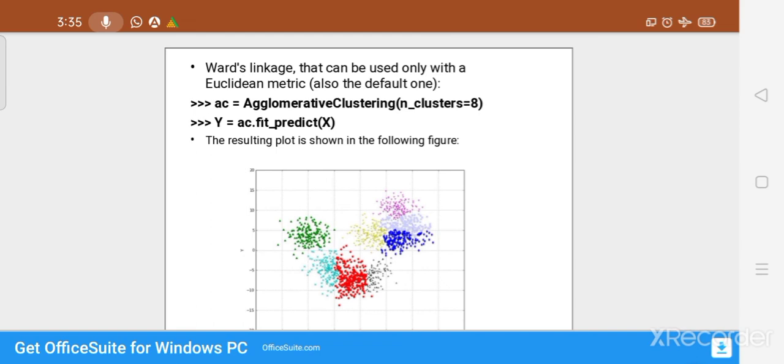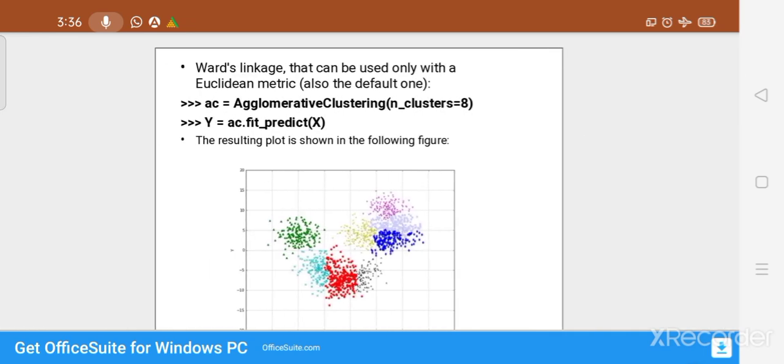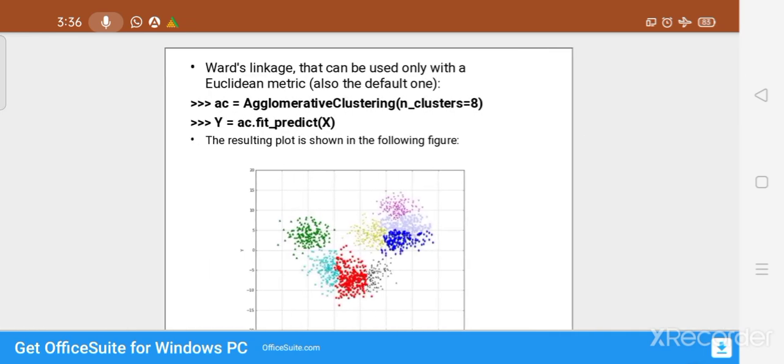If we consider the Ward linkage, it can be seen like this. So by considering the various linkage types, it is implemented in scikit-learn. Okay, so this is all about how linkage is useful in hierarchical clustering and how it can be implemented.